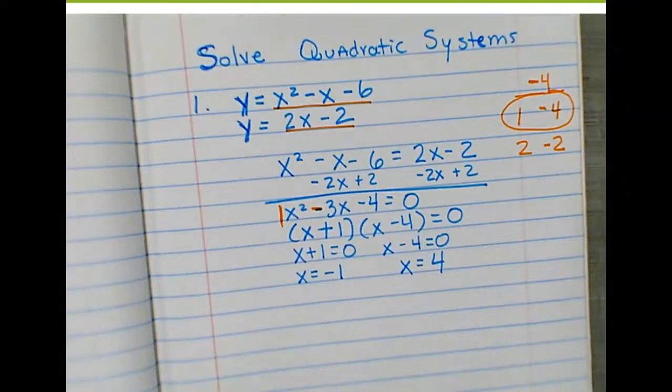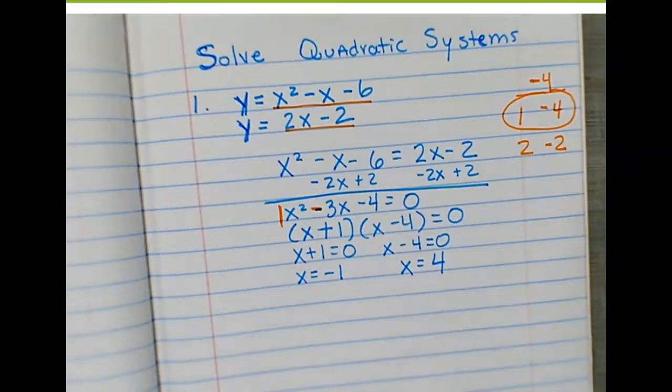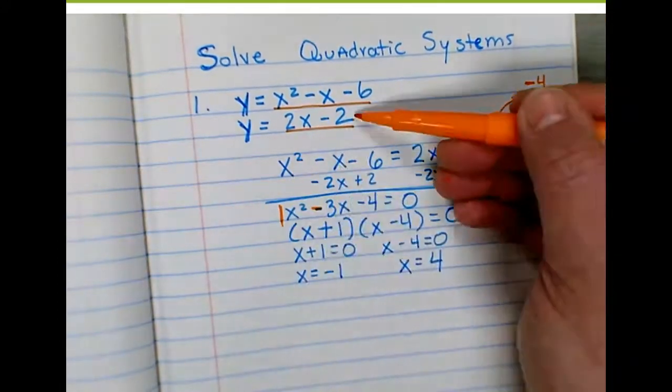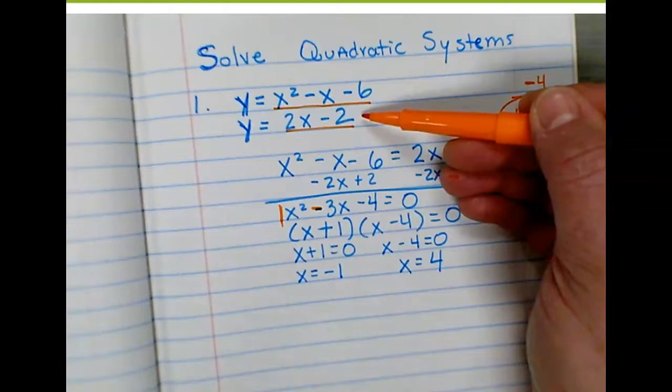But these are intersection points that I am finding, so I also have to figure out the y value. I go back to one of my original equations. Obviously, I want to use the easiest of the original equations. So this is the easiest of the 2 equations.